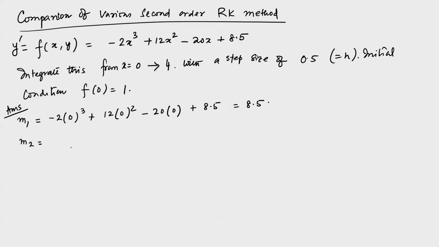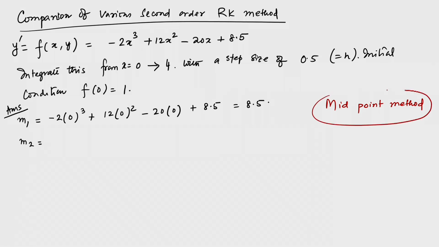So, m2 is to be calculated at the midpoint. This is the midpoint method that we are talking about. And of course, you can also do Heun, which is easy to do.